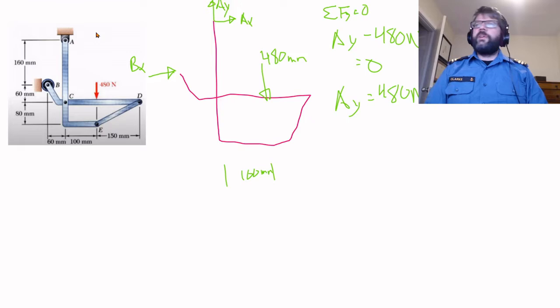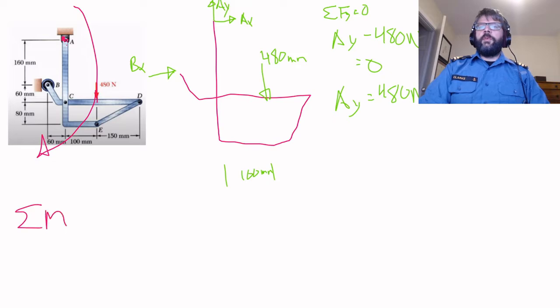Next, let us take a moment about point A. We're pivoting about this point. The 480 newton vertical load applied is going to cause a clockwise rotation, so that's a negative moment.